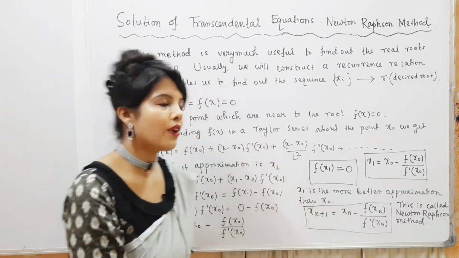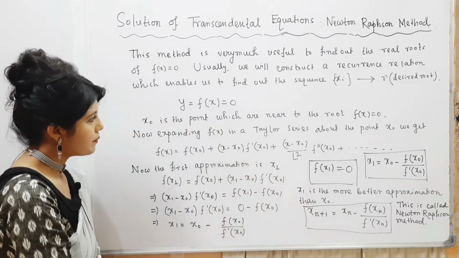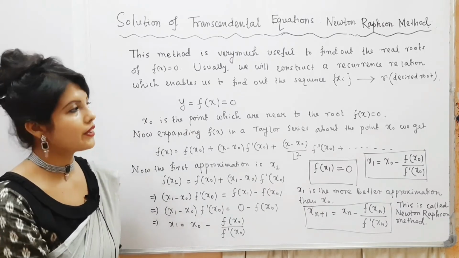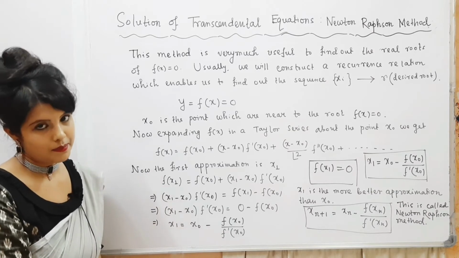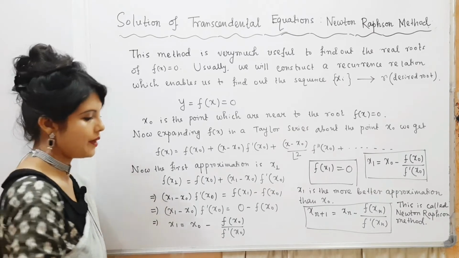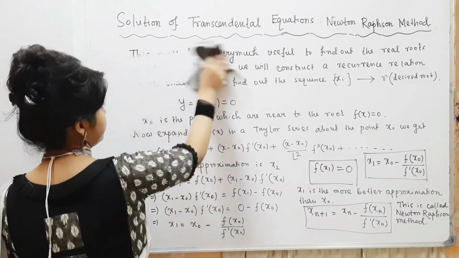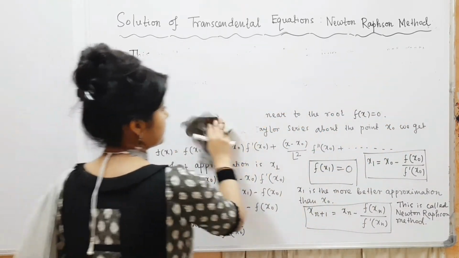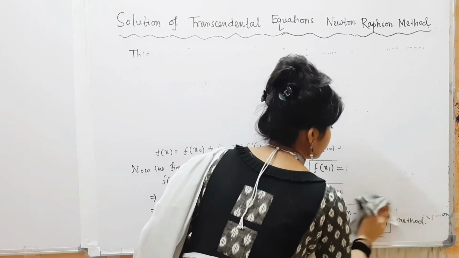Okay, now I will do a problem of Newton-Raphson method so that you can understand this method more clearly. Okay, so let me remove it. So hope you have understood the statement. So I am removing this one.